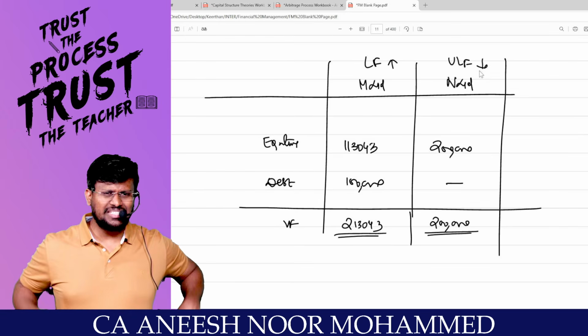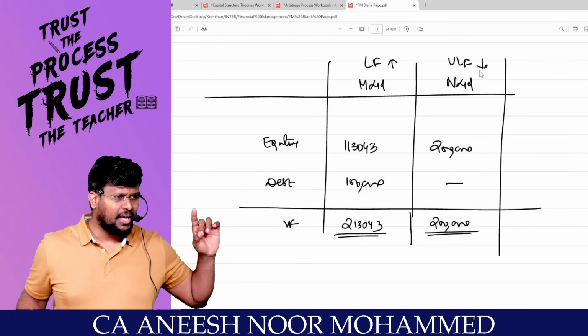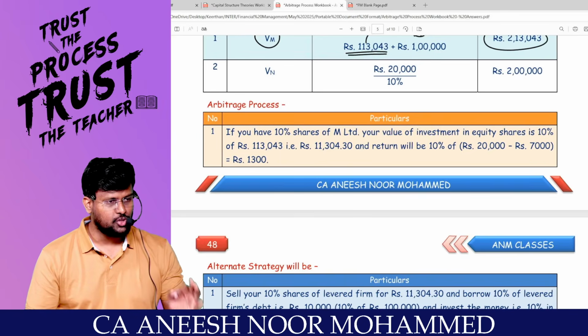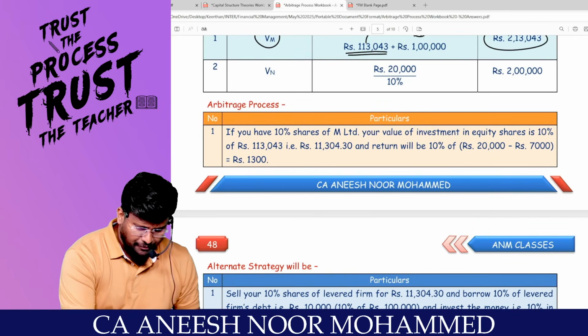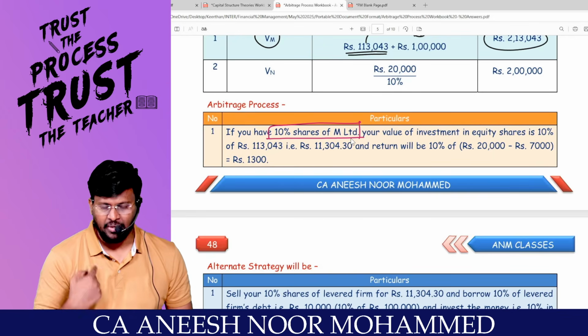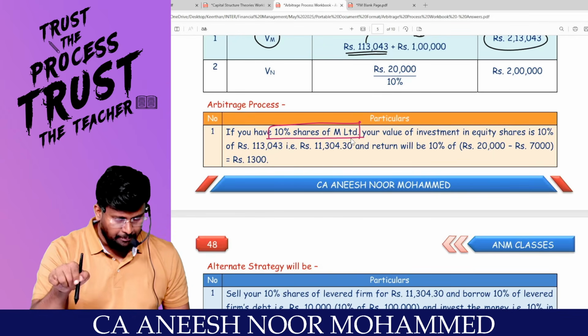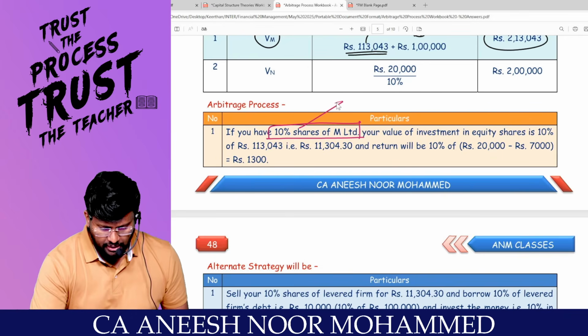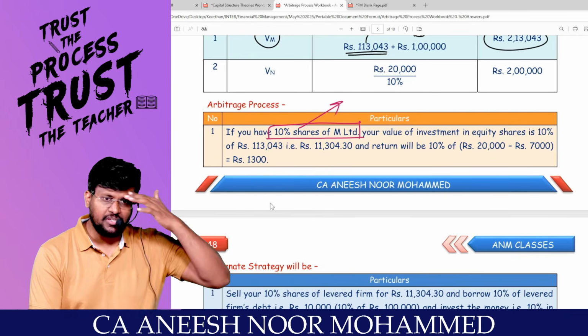So people will start shifting from the levered firm to the unlevered firm, right? Now I will tell you how the arbitrage process will work. Suppose you have 10% shares of M Limited. Is M levered or unlevered? Levered, and you are holding 10% of the equity.